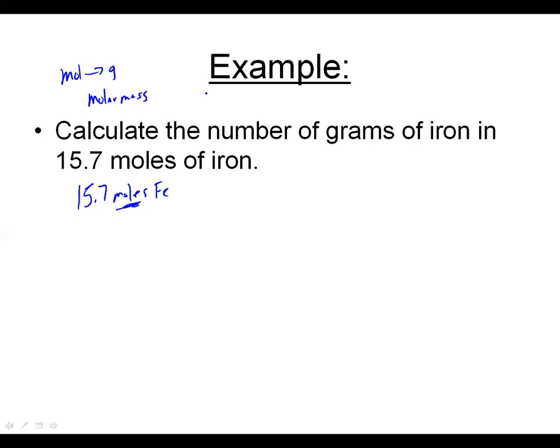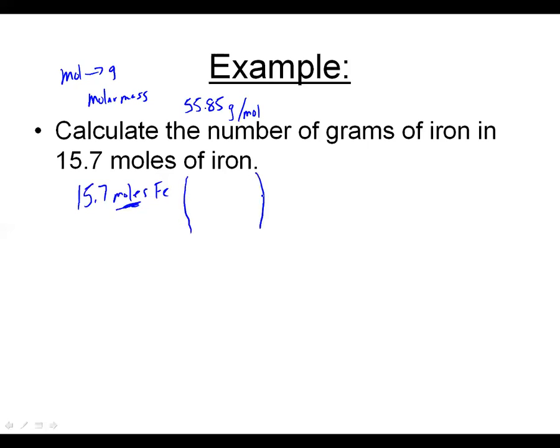We would go to the periodic table and look under iron. And for iron, we would see that it says 55.85. What that means is 55.85 grams per mole would be our molar mass for iron. We're going to use that as a conversion factor.